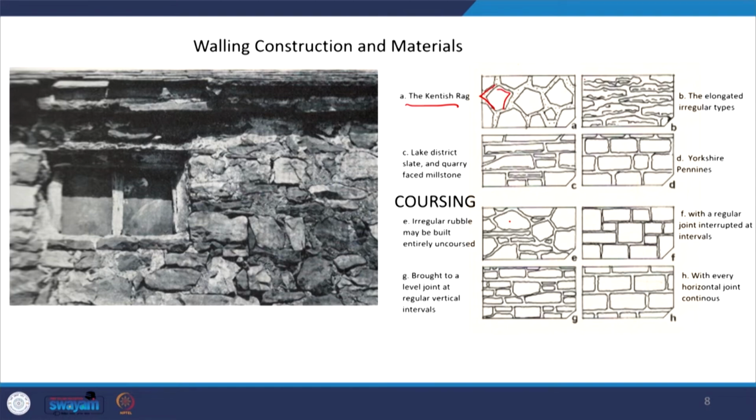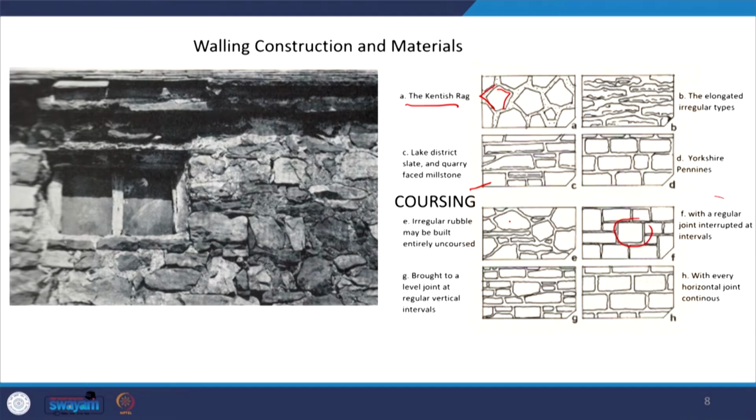Then you have the Lake District slate, especially near Manchester, and irregular rubble masonry, coursed and uncoursed. In the joinery, an irregular joint is interrupted at intervals, so the bonding also becomes an important aspect of the aesthetics of the wall.